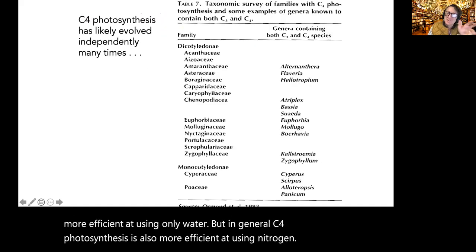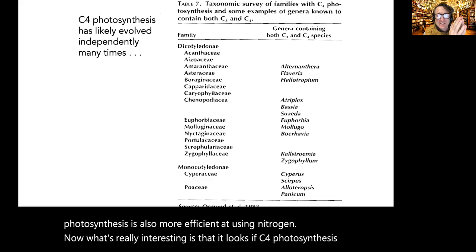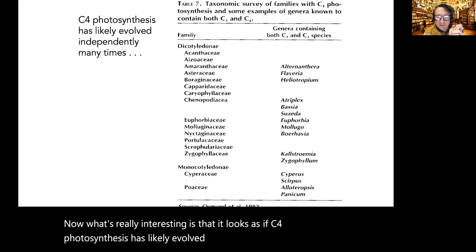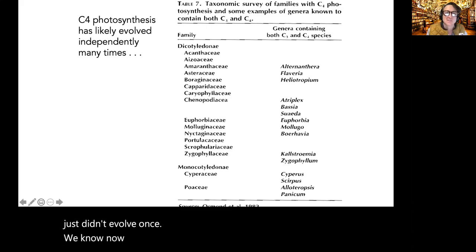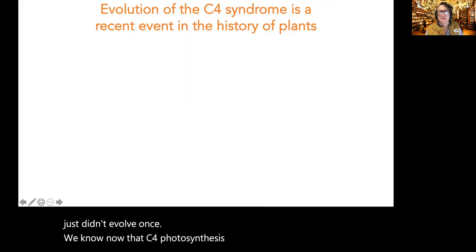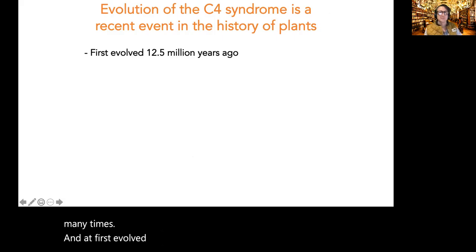Now, what's really interesting is that it looks as if C4 photosynthesis has likely evolved independently many times. It just didn't evolve once. We know now that C4 photosynthesis has evolved independently many times. And it first evolved around 12 million years ago, okay? Relatively not that long.